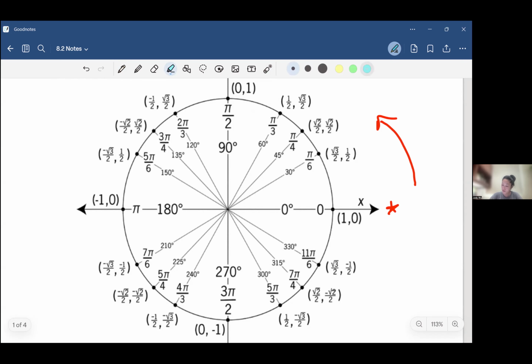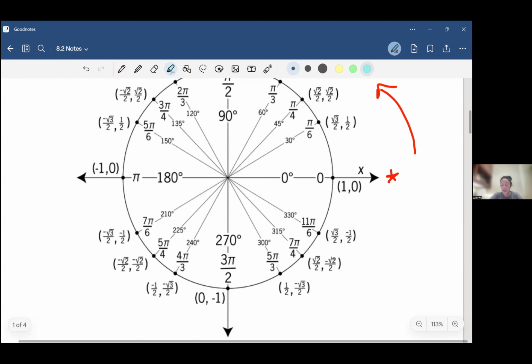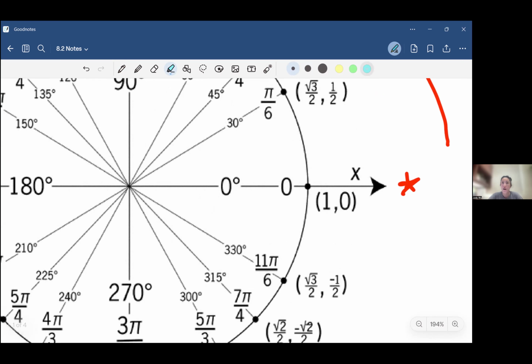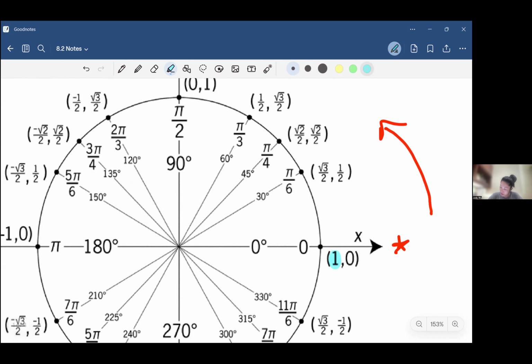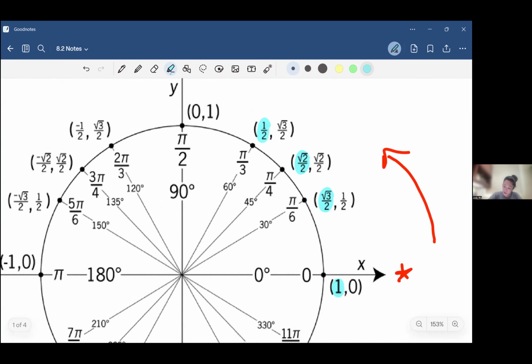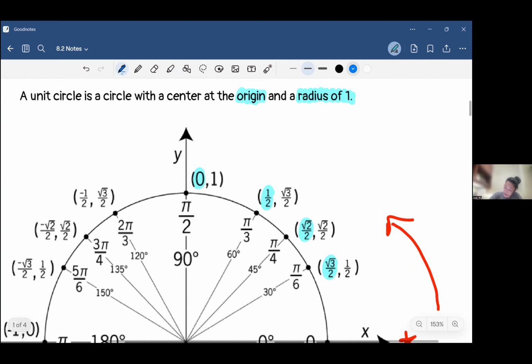What I want you to focus on for a moment, I'm going to go through and highlight all of the x coordinates in the first quadrant, and then we'll talk about what those mean. So the x values here are 1, root 3 over 2, root 2 over 2, 1 over 2, and 0. I could go all the way around the unit circle and keep doing this for every single x value.